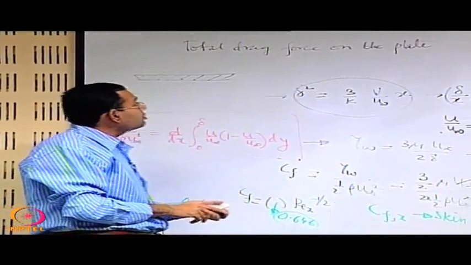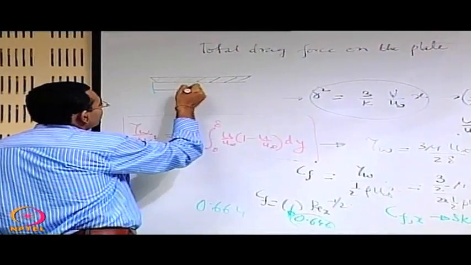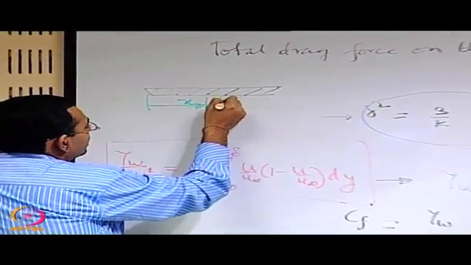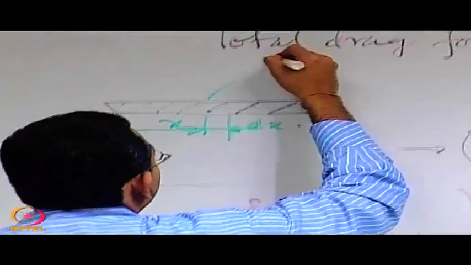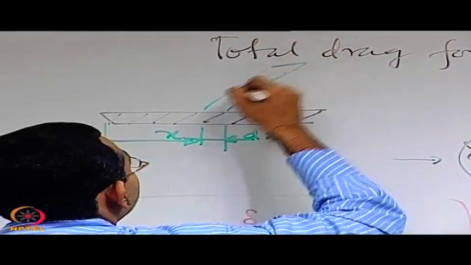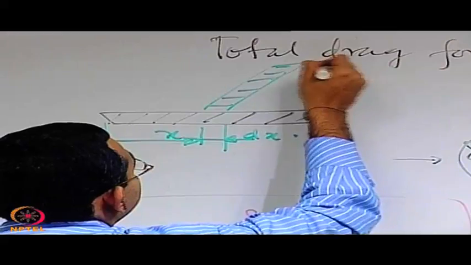So to take care of that local variation, what we may consider is, say, at a distance x, we take a small strip on the plate of thickness dx. The plate has some width, so there is a strip which has some width. So let us say that the width of the plate is b.